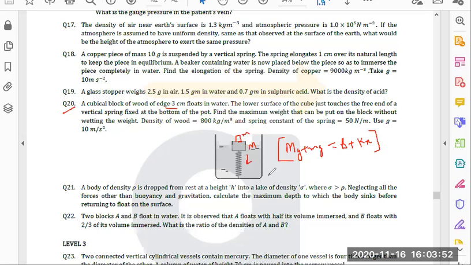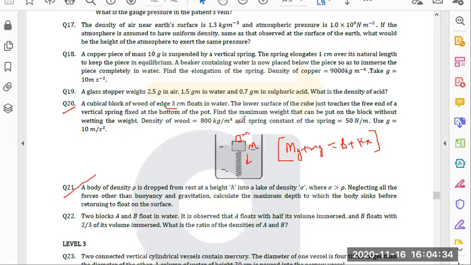Can you calculate it? Okay, very good, so you guys can calculate.